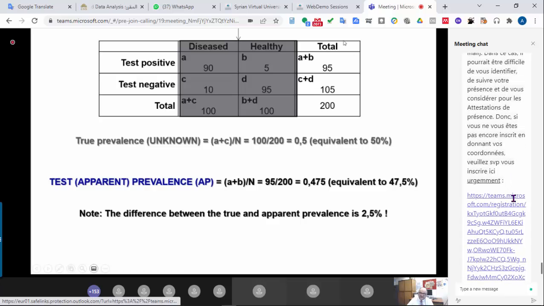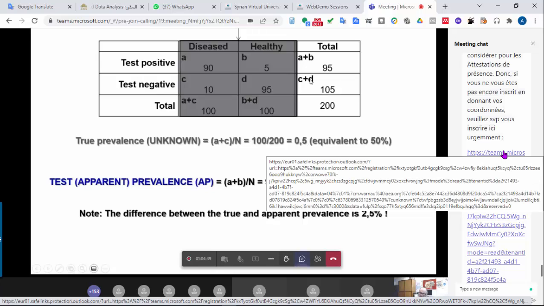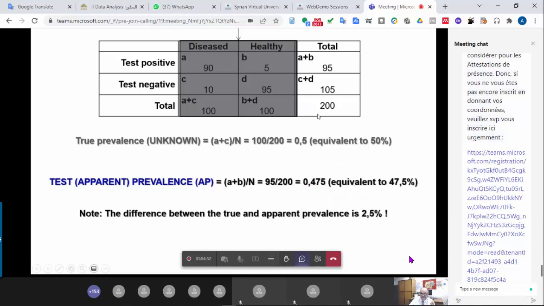The test will tell us, hey, here you have 95 positive and 105 healthy, which is not true because at the beginning we said we have 100 with 100. So the prevalence based on our test will not be 50%, but it will be 47.5.